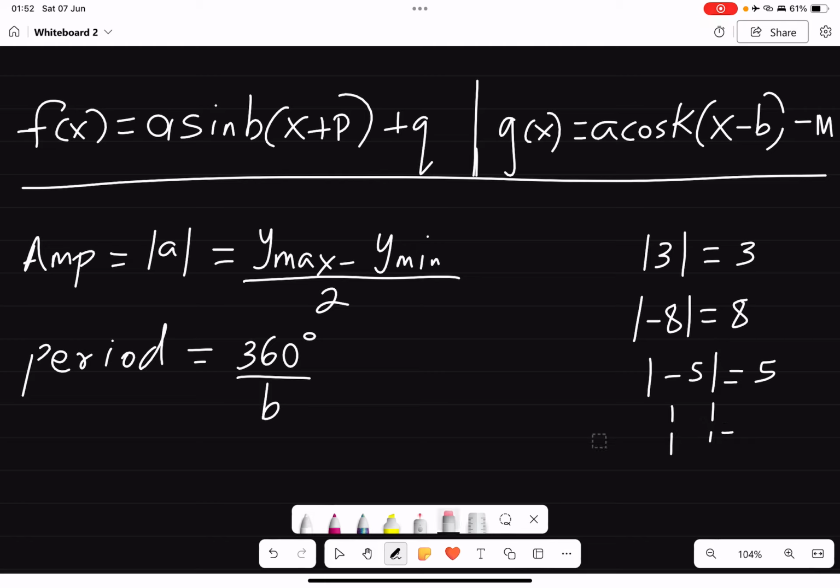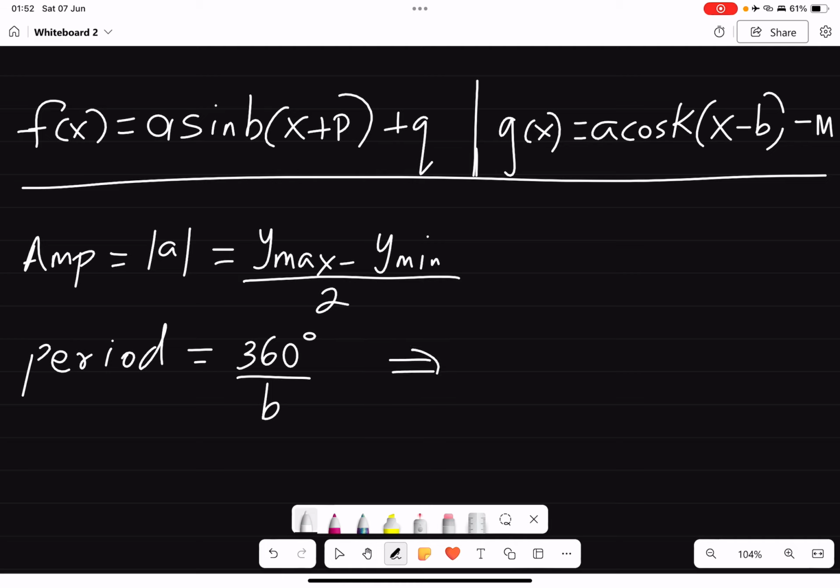And then from here, ladies and gents, we can agree that if I switch the period and b, I can have b as the subject of the formula like that, 360 over the period. So in essence, what I did, I cross-multiplied first. So I had b times period, then I divided by period on both sides.